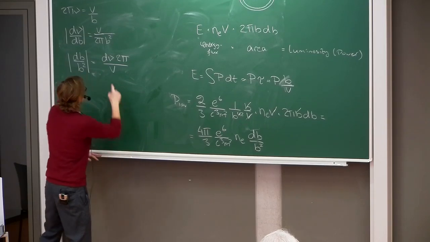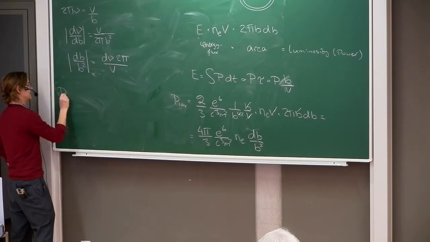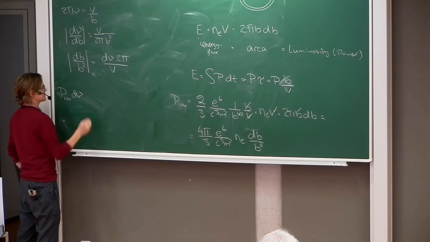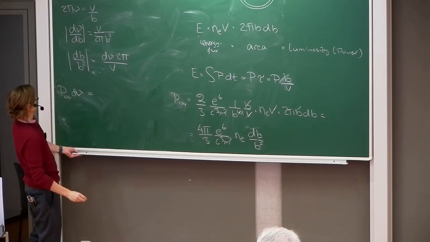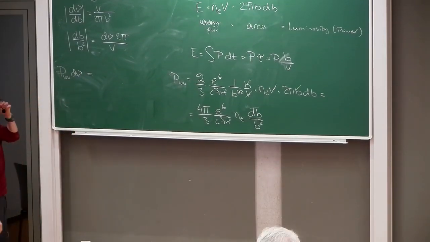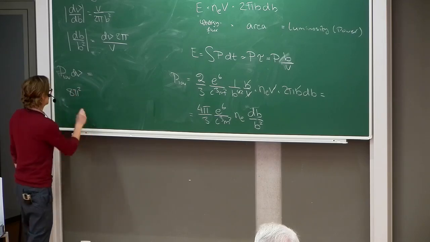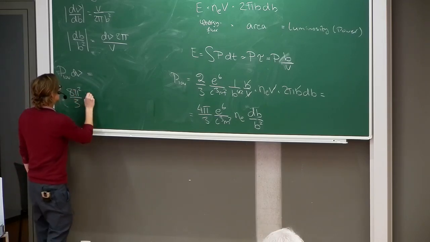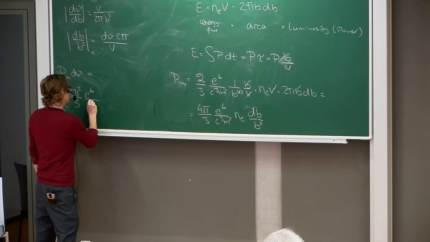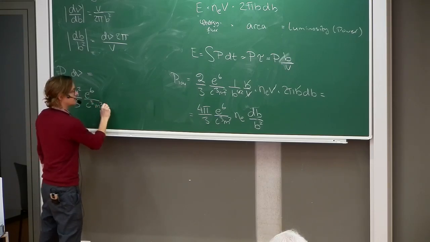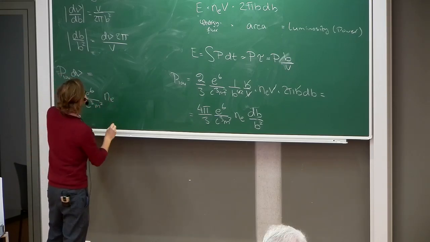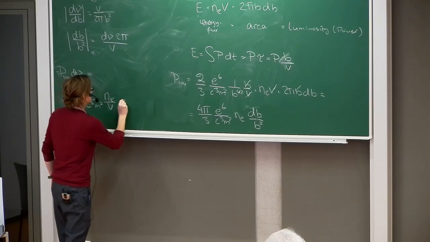So if we write this and we put it now, that the power of the ion within a little frequency integral, well, the nu is going to be 8 pi squared divided by 3 e^6 c^3 m^2 times n_e divided by the velocity, times dnu.